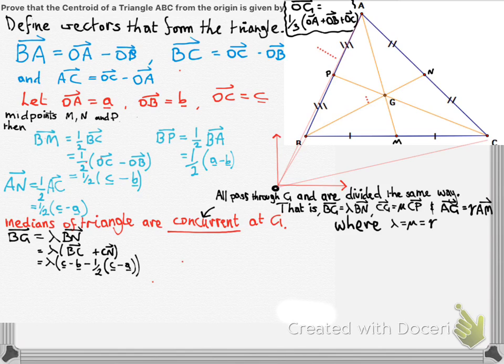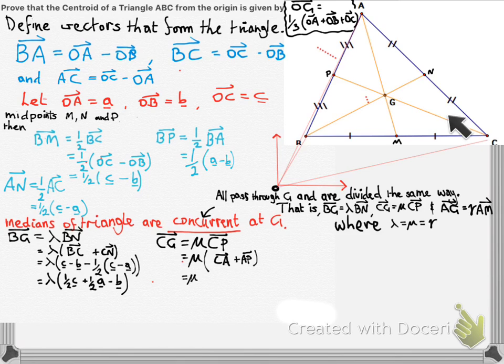Okay, that can be found from what we've established at the top. So that's the first median of the triangle, and by simplifying this expression, collecting the vectors, we've got this half of C plus half of A, take away vector B.